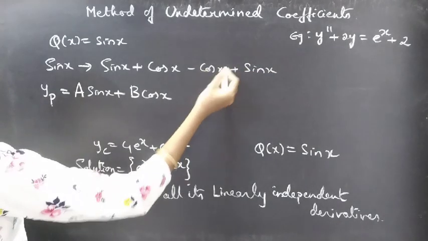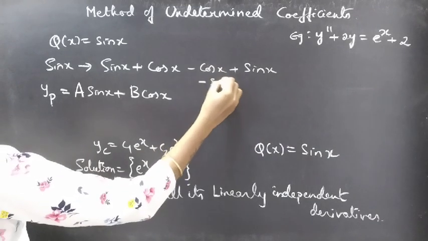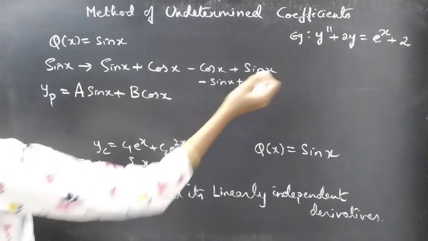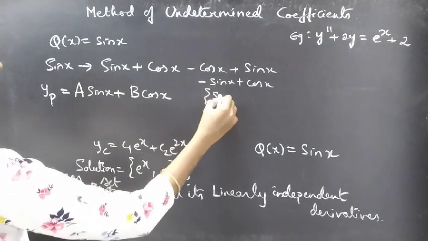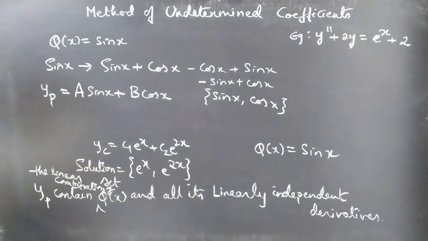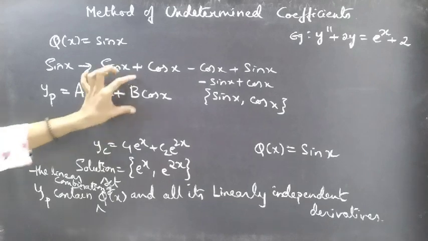Repeatedly you'll just get sin x and cos x. So yp will be a sin x plus b cos x, that is some constant times sin x and some constant times cos x.